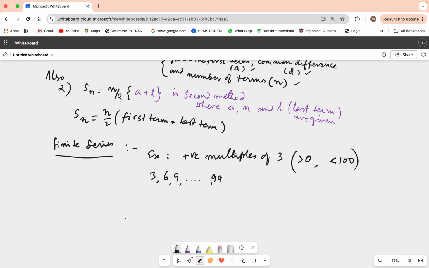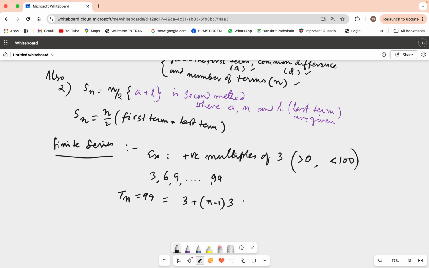So, how many terms are there in this particular series? For that, we can easily understand that 99 is the last term. So, I will call Tn equal to 99, and Tn is also given by the formula a plus (n minus 1) into d. Here a is 3, n I do not know, the difference of course is 3.